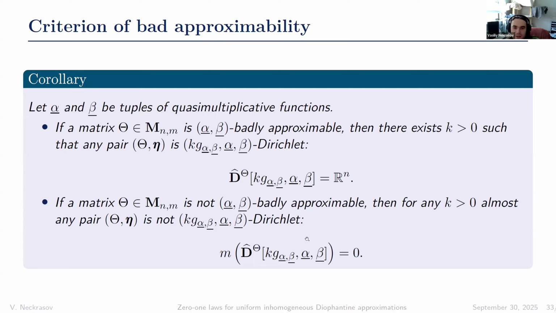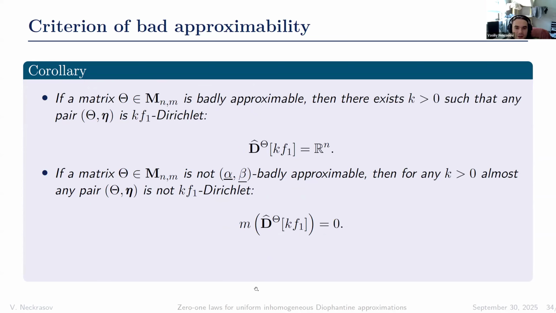And this criterion is also stated and used in a recent paper by David Simmons, Keith Merrill, David Lambert, and Lior Fishman. They use similar statements about badly approximable numbers and about very well approximable numbers for Waldschmidt's conjecture. I'm saying all this just to state that this actually has some applications for problems outside of just inhomogeneous Diophantine approximation.